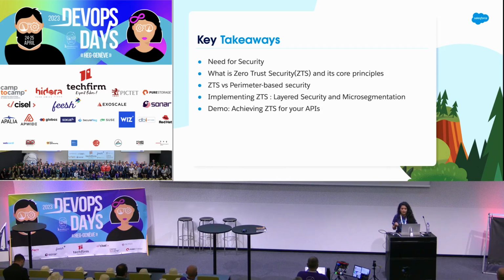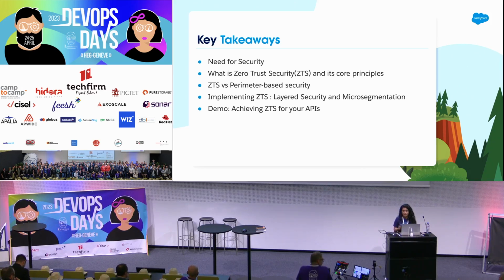It is a security model which helps you protect your organization from external threats, and the core principle of zero trust security is always verify. The other principles along with always verify are centralized management, continuous logging and monitoring, and having full transparency and control over your APIs.